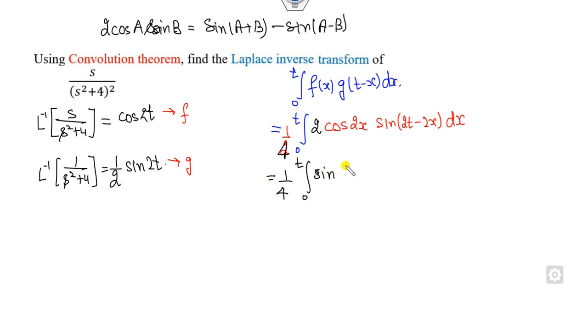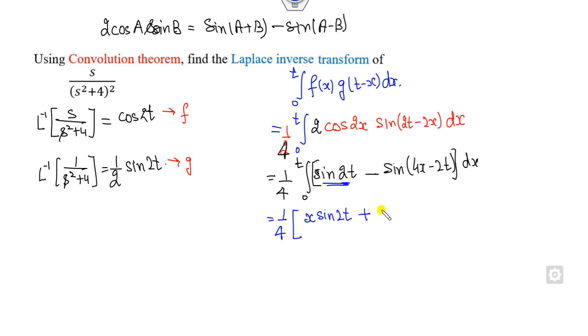So 2x will be cancelled out here, sine 4x minus 2t. Now you have to integrate this with respect to x, and you can see the first component is my constant. So what is the integration of this? x sine 2t. Sine integration will be the minus cos, so minus cos 4x minus 2t divided by the derivative of this, 4, from 0 to t.